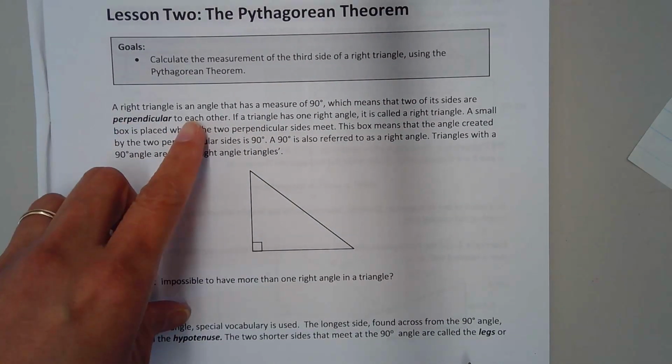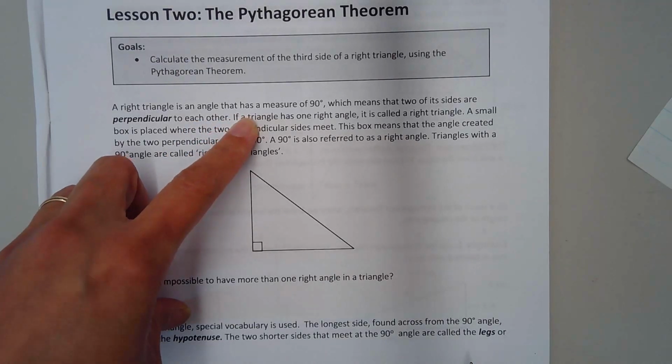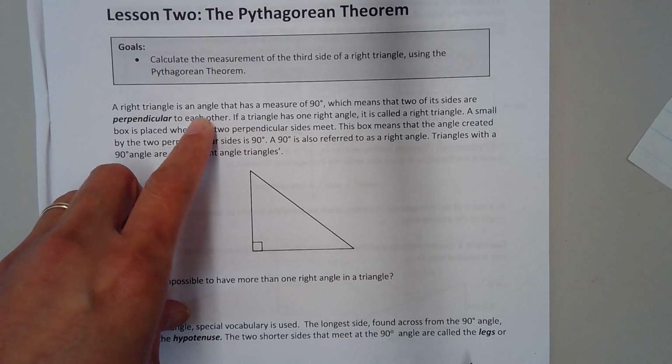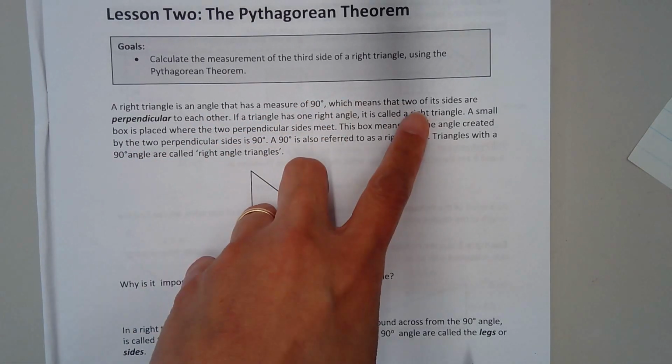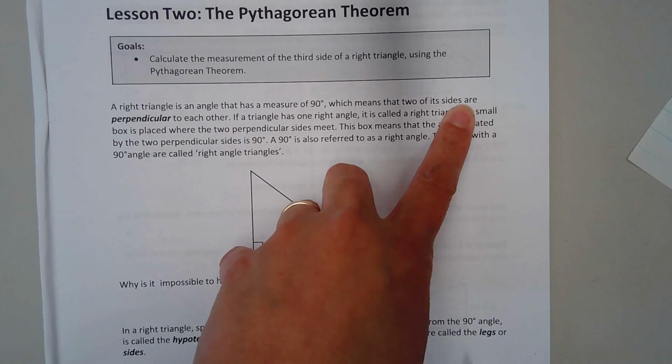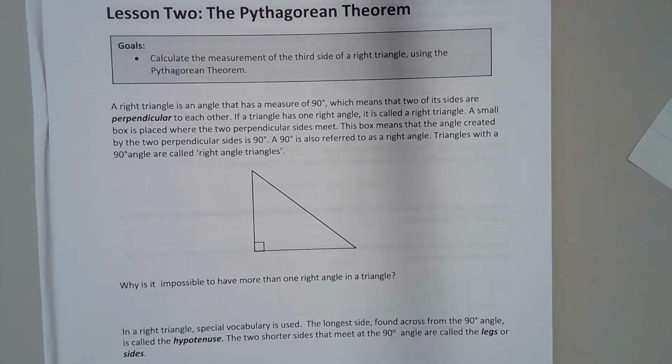A right triangle should be a triangle that has a measure of 90 degrees, which means 2 of its sides are perpendicular. Whoa. What does perpendicular mean?